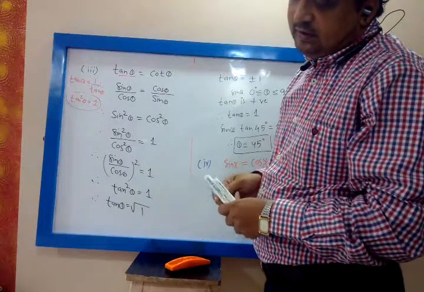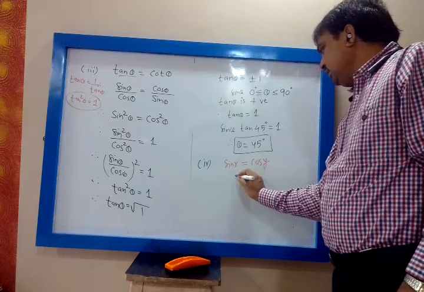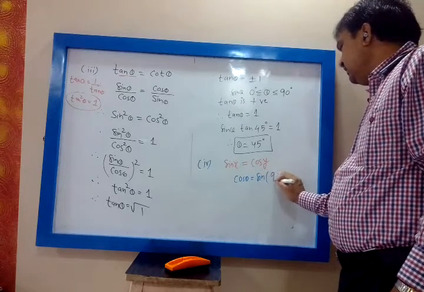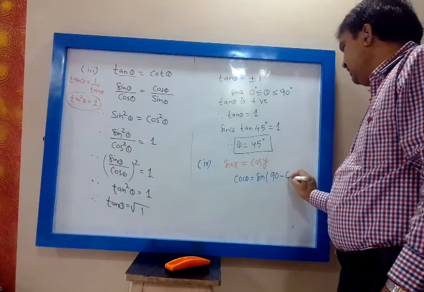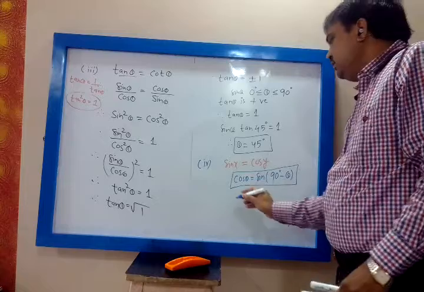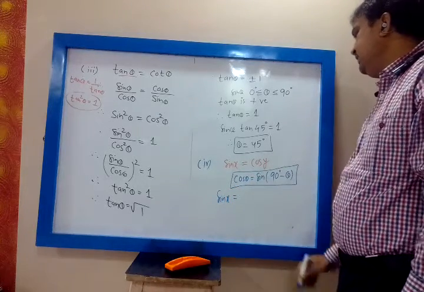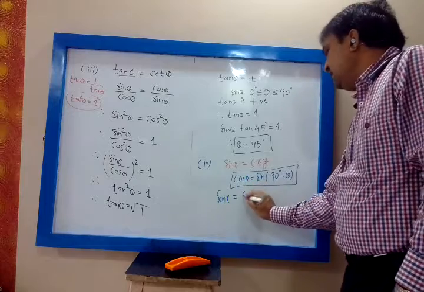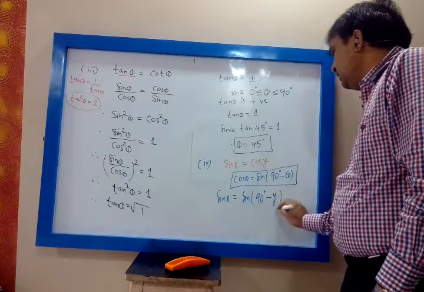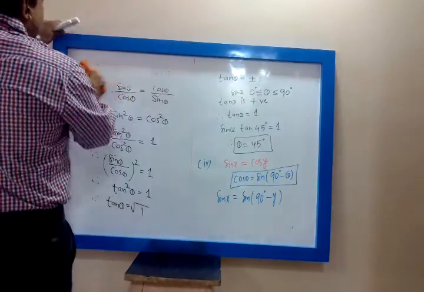In this you have to use the result that cos theta is sin 90 minus theta. So sin x is equal to cos y. What will you write for cos y? Cos y you will write sin 90 degree minus y. So what will you get? Sin x is equal to sin 90 degree minus y.